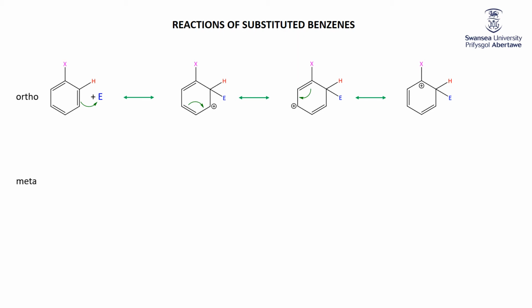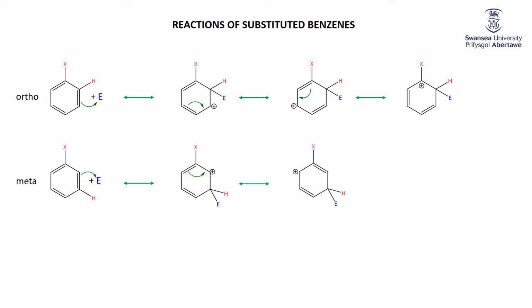Okay, now meta though, let's do this first. There's the meta attack, and now I'm going to use that same double bond, but instead of it bonding with the electrophile at the ortho position, now I'm going to bond it at the meta position. Okay, so meta attack coming in, there's the positive there on carbon 2. We can move electrons over from this double bond to that double bond, so now the positive is no longer on carbon 2, it's on carbon 6.